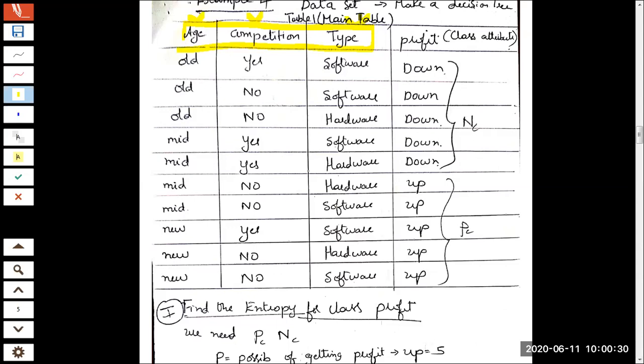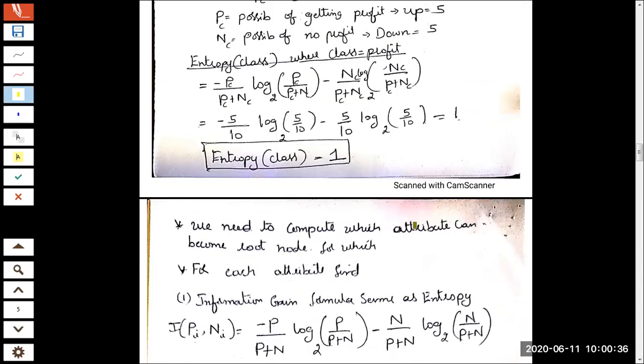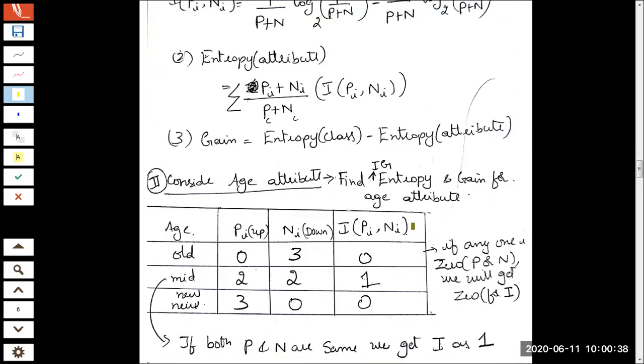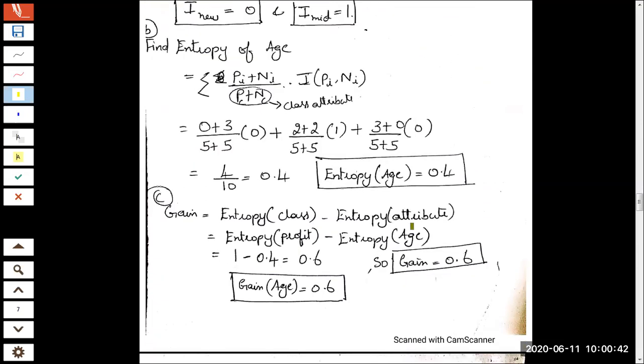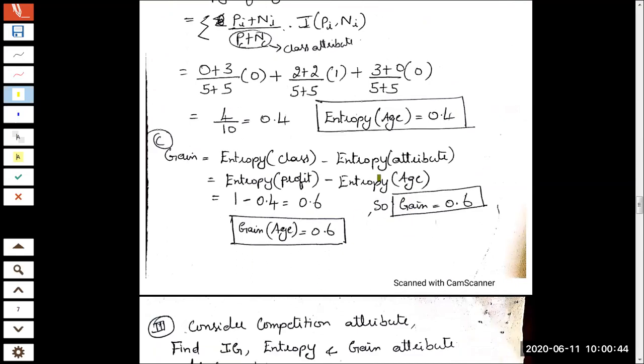Now, how did you get the value 0.60, or 60%? We will see that. Once again, I'm going from the bottom to the top. Here you can see gain of age is equal to 0.6, meaning 60%. How was it determined? We'll go to the previous step.